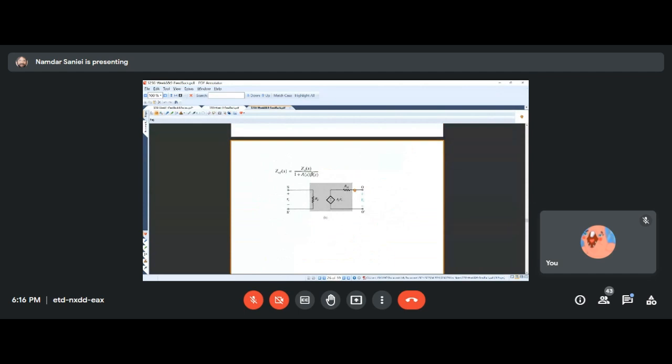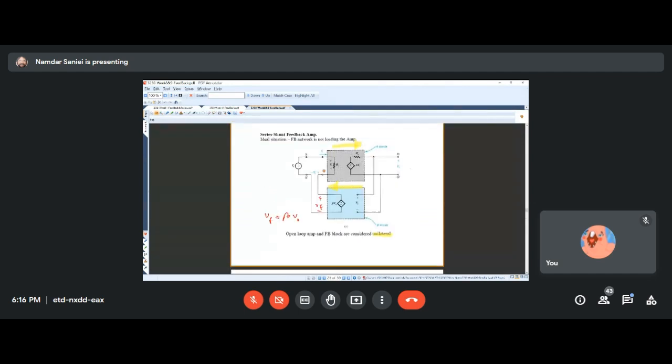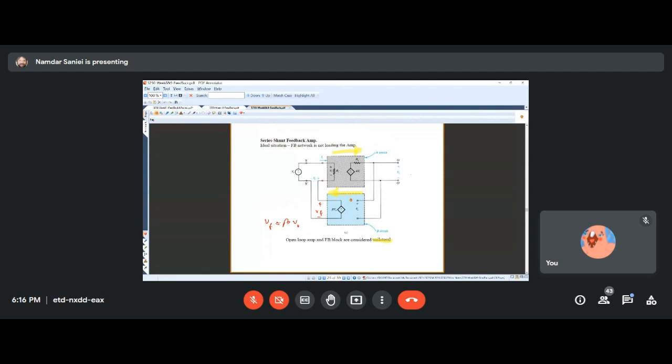Oh, too fast. Okay. So that means that we can apply the formula AF equals A over 1 plus A beta to a system like this, which is ideal, right?